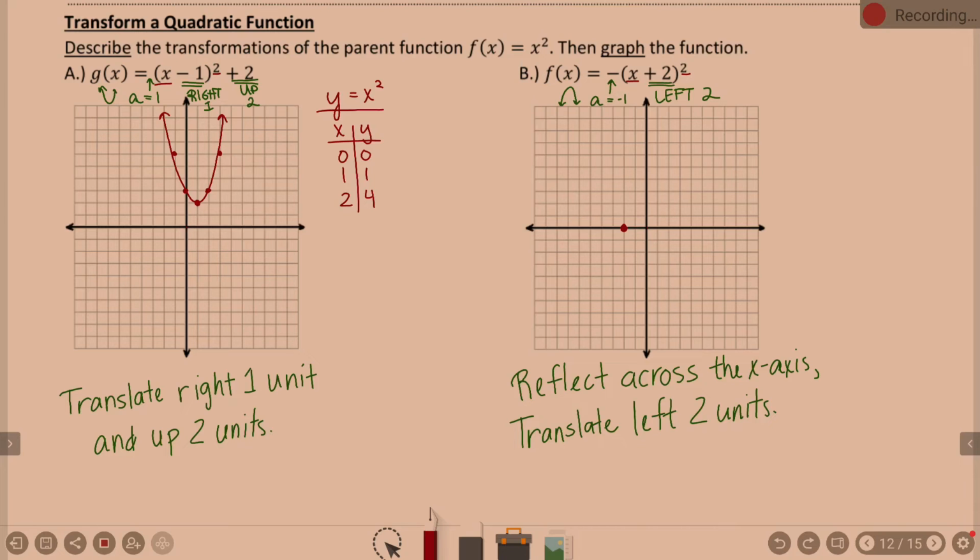Instead of going over 2, up 4, I'm going to go over 2, down 4. Okay, so you're still using these same values here. It's just we're going to take them downwards instead. So right 1, down 1, and left 1, down 1. Right 2, down 4, and left 2, down 4.